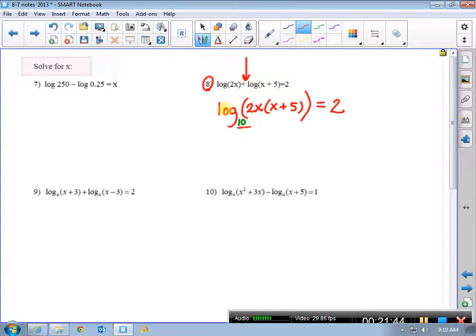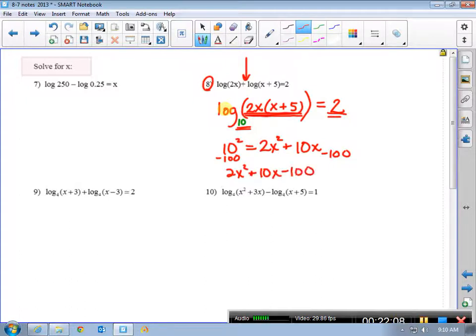So we're going to have base to the exponent equals all of this. 2x squared plus 10x. It's a quadratic, so let's subtract over the 100. And we have 2x squared plus 10x minus 100 equals 0.